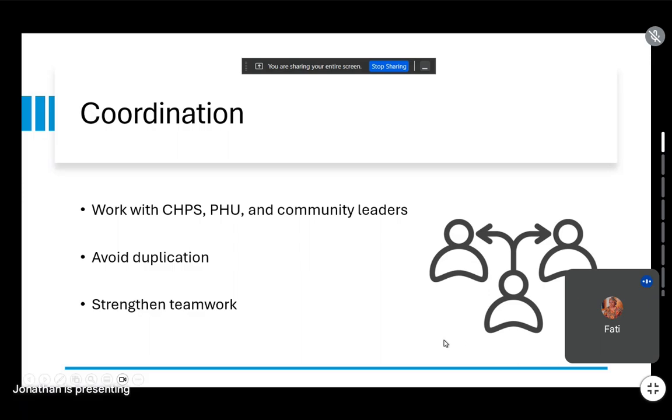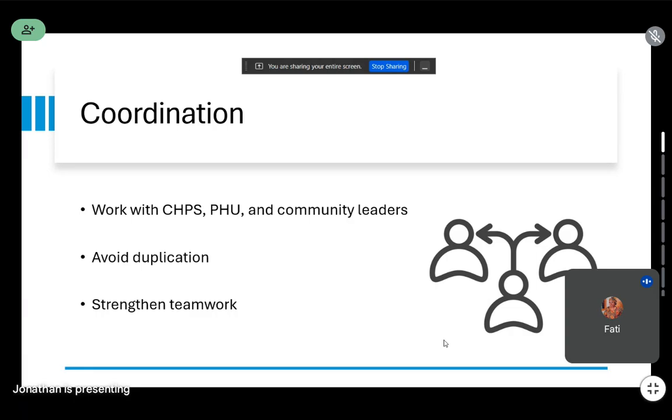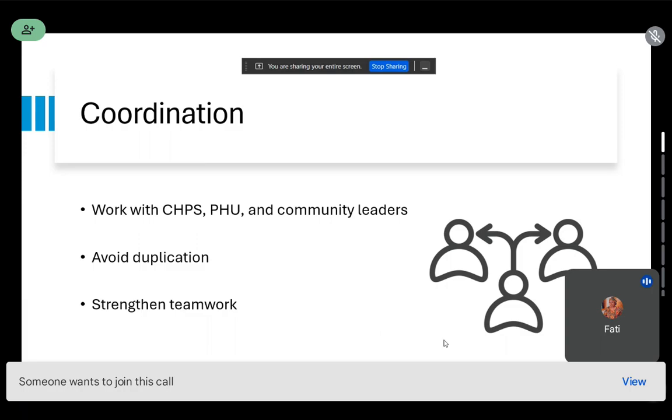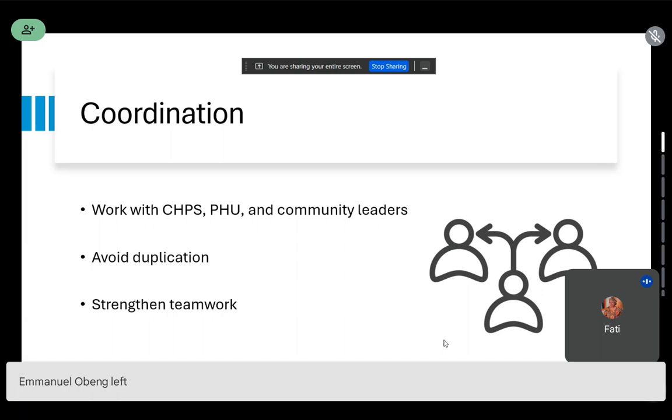So when in doubt, the golden rule is what? Always refer. There are times people will come asking you questions. Sometimes they know what the answer is, but they will come asking you so many things just to test your understanding.